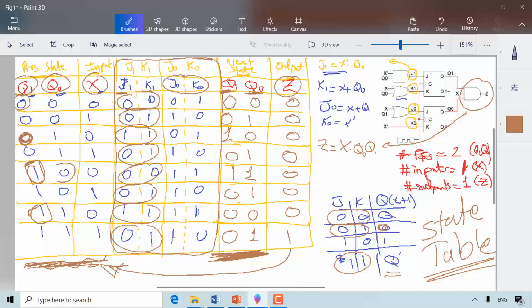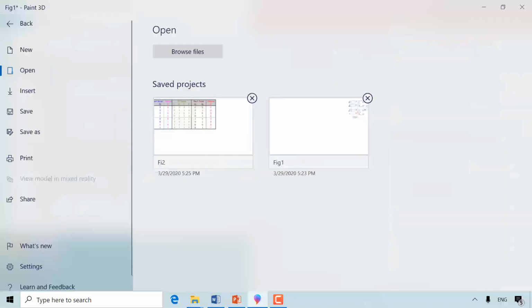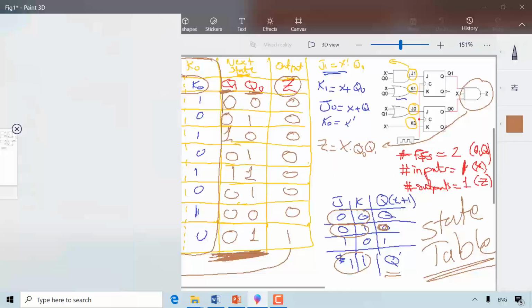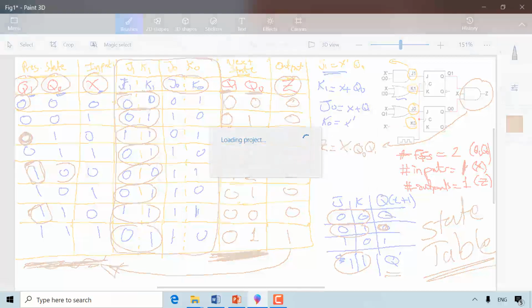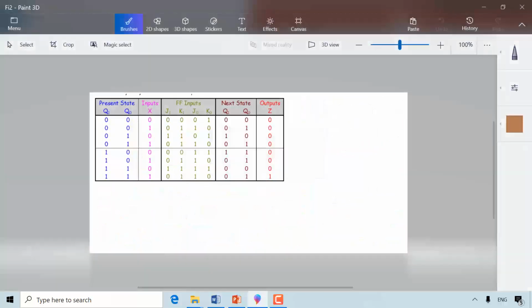Now let's take the state table and build the state diagram. From the previous exercise, I have reached something like this. This is the state table, and I need to go to the state diagram.